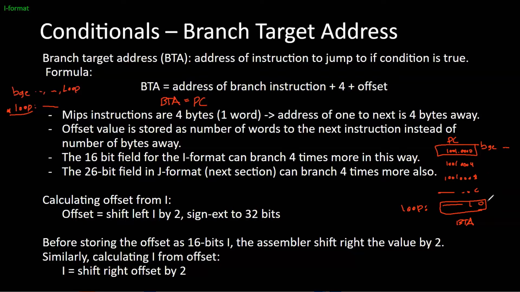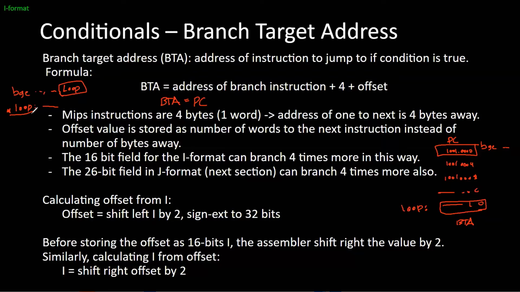You want to do a jump, but you are jumping relative to the current line of code. You're not giving an absolute value, even though you are giving a label. I think that's the most important thing to understand here. You're on your branch, doing BGE, some registers and a label.